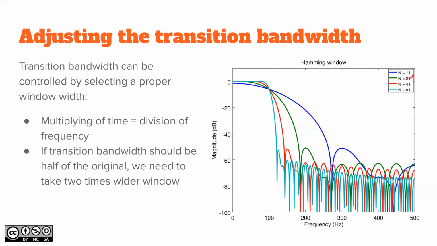So the first one here is 11 points wide, and then I multiply the time, meaning I take a wider window width. So I take 21 points instead of 11 points for these calculations. Okay, the transition bandwidth is actually half the previous. Then I double it again. I get this one, double it again.